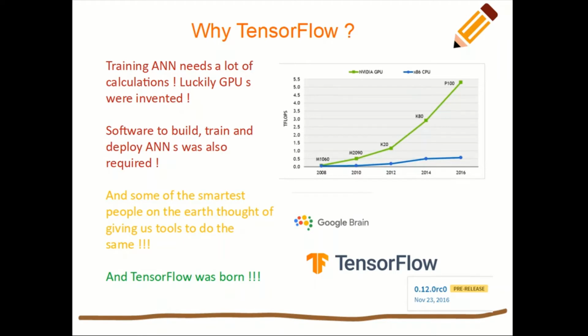Now, it was realized that deep learning can be used for a variety of applications, but there were a couple of challenges. As we saw, training of deep learning networks or artificial neural networks is a very, very computationally expensive process.